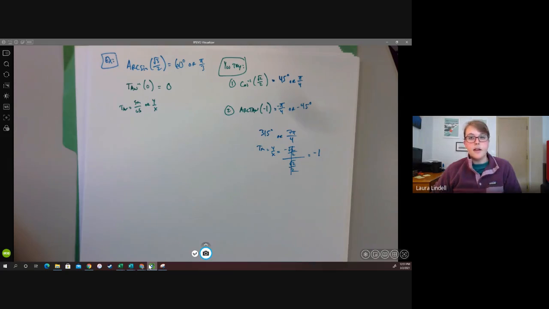But anyway, that's one kind of problem we will be seeing today when it comes to dealing with inverse trig functions. The other kind of problem that we're going to be seeing is going to involve more of the canceling out of an inverse or canceling out of a regular trig function.